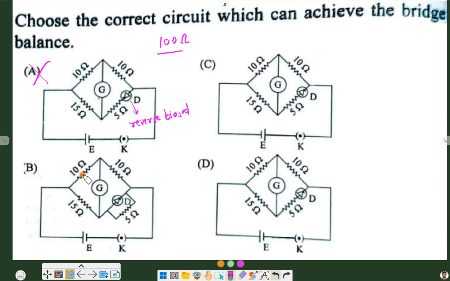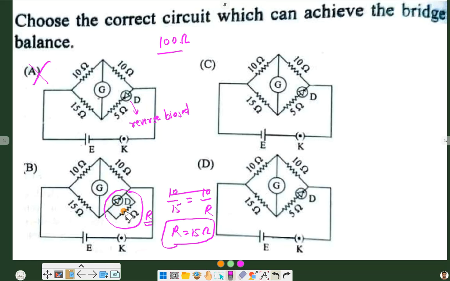To balance this circuit, suppose the final resistance of these two in parallel, diode and 5 ohm, is R. From the balancing equation, 10 by 15 should be equal to 10 by R, and using this, R should be 15 ohm.